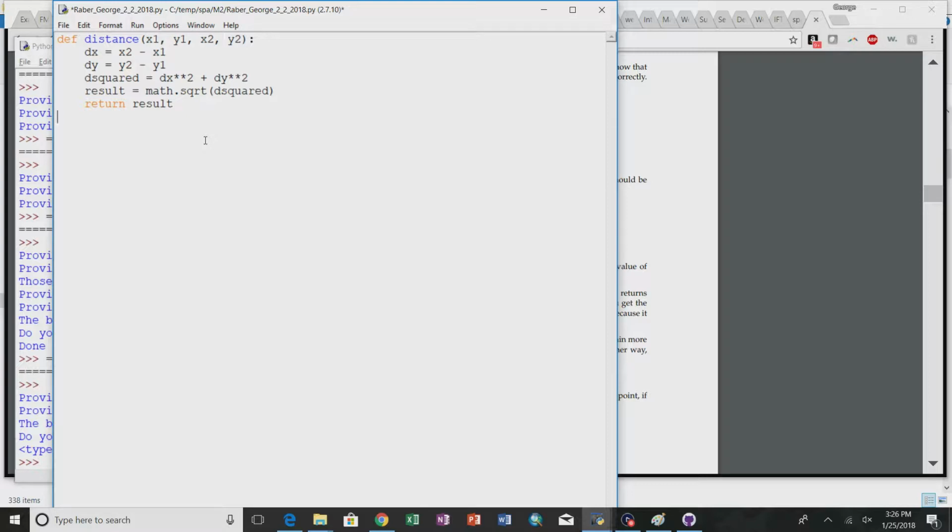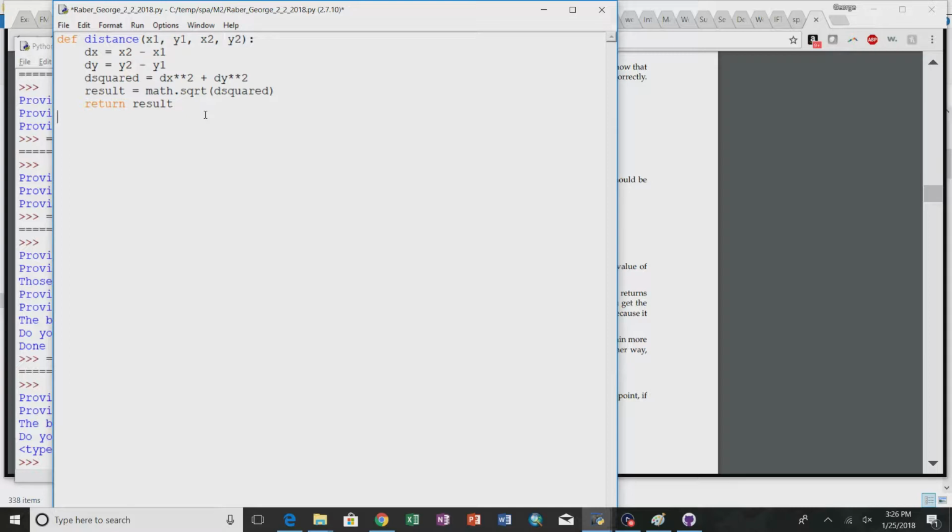I want to see if it works, though. So what can I do to test to see if this works? Now, we don't even really need to know what this function does. You don't need to understand the math, but we could. I mean, a squared plus b squared equals c squared. So all this is doing is taking the x distance and the y distance and finding the distance of the two legs of the triangle.